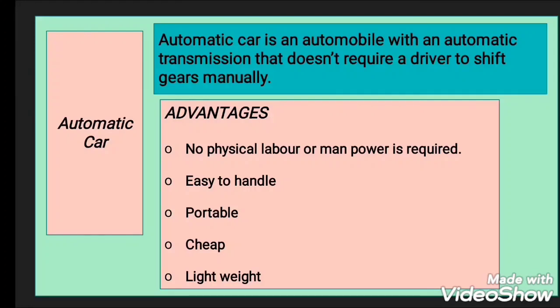Easy to handle, portable, cheap, and less weight. Yes, it's very much cheap. Anybody can purchase it if they want, and it's lightweight. It's not heavy. As a car, the automatic car is not very heavy, and it has a direction system. Automatically you can drive this one.